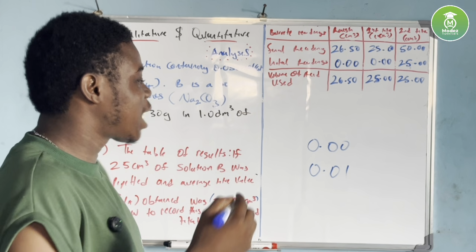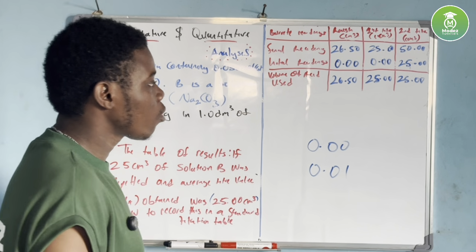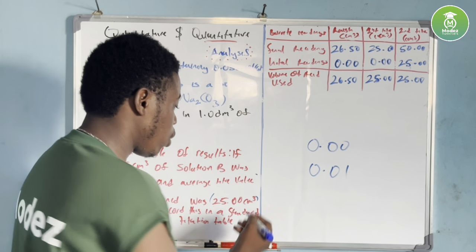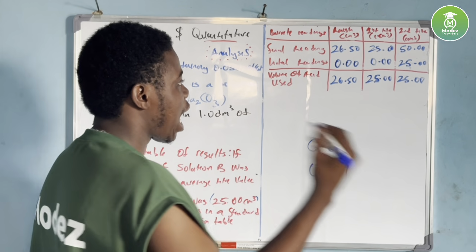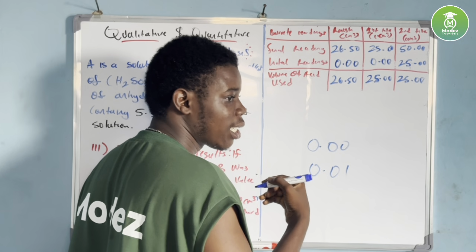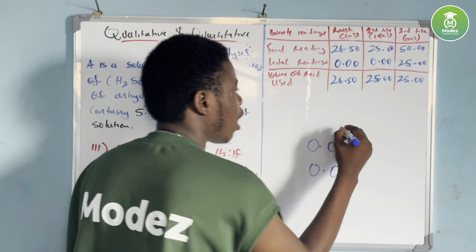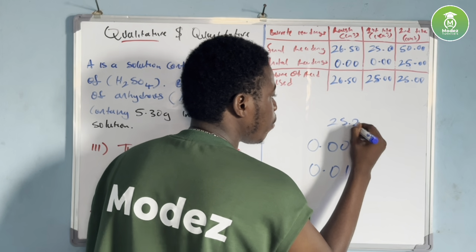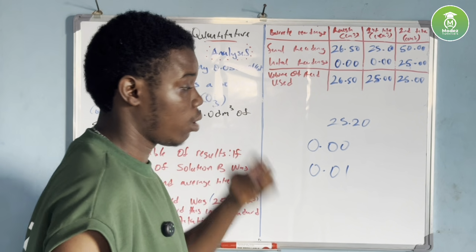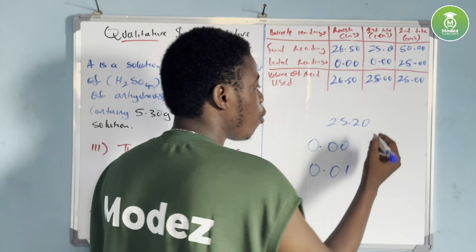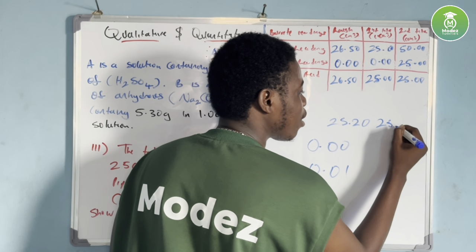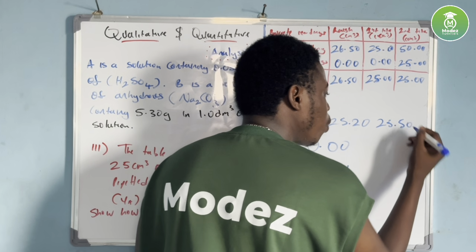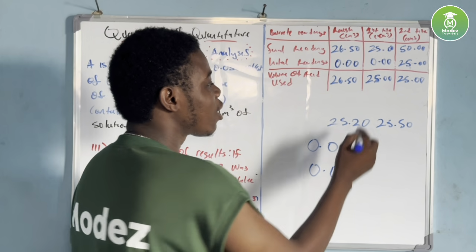Now, in another case where you are doing your own normal titration, you were not given this volume, right? And in your first, maybe your rough titer, you got 25.20. Then you did another one and you got 25.50. This is non-concordant.